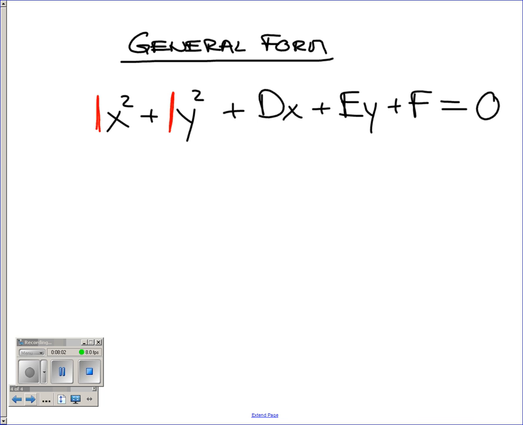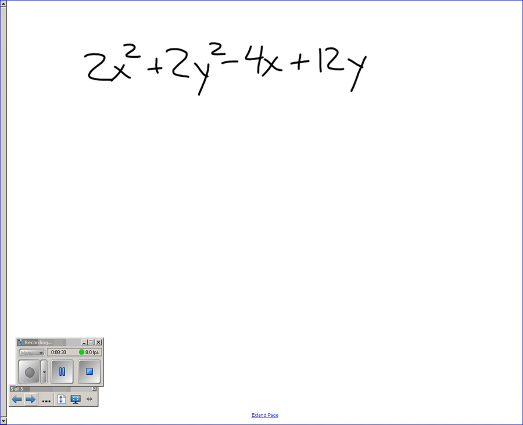Let's take a look at example 3 on the next page. And this one says the equation of a circle is 2x squared plus 2y squared minus 4x plus 12y minus 18 is equal to 0.